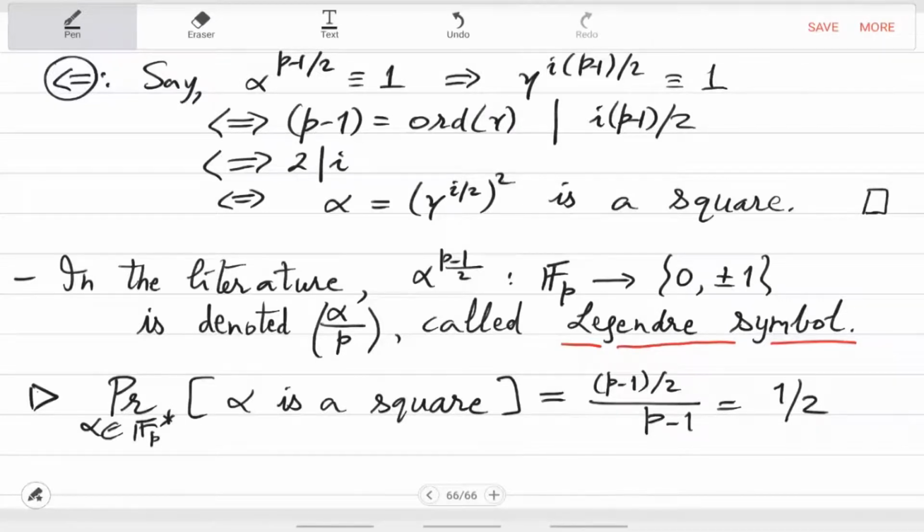Okay, so we note this. Proof of this is simply: you write alpha as gamma to the i, where gamma is the generator as before.